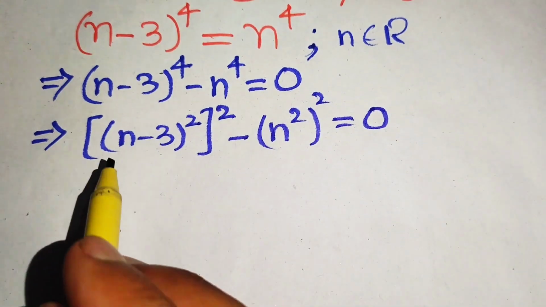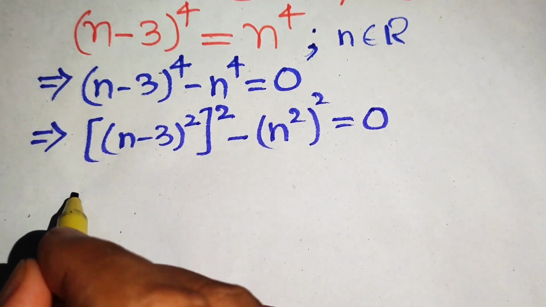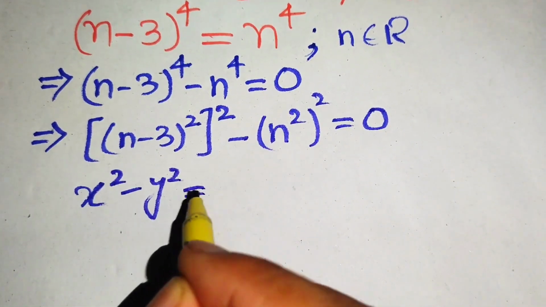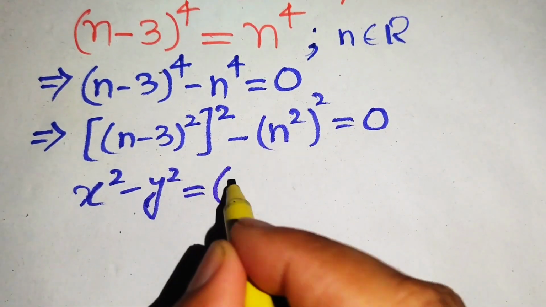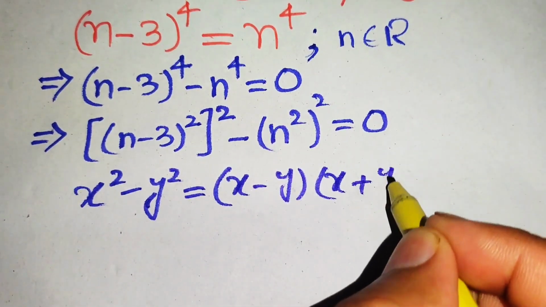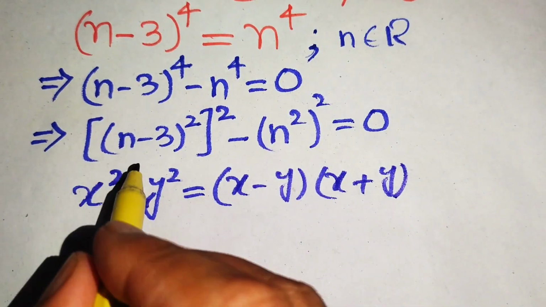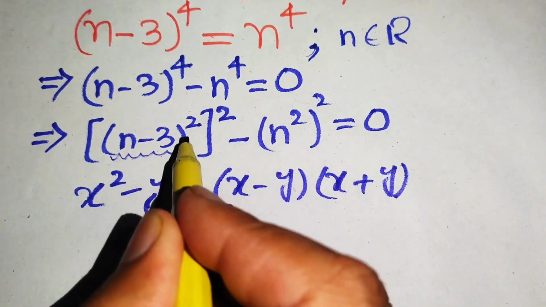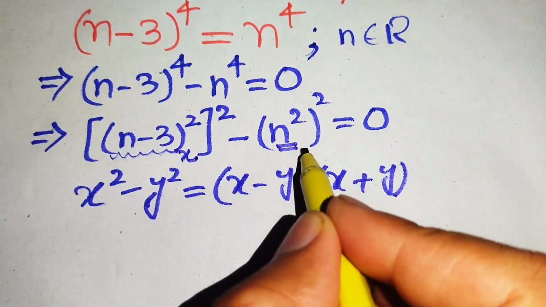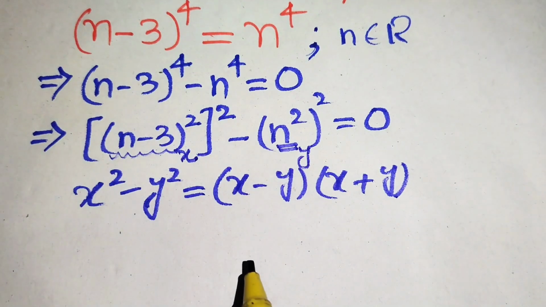After that we use the nice square identity. You know that x^2 − y^2 equals (x − y) times (x + y). Here (n − 3)^2 is denoted by our x, and n^2 is denoted by our y.